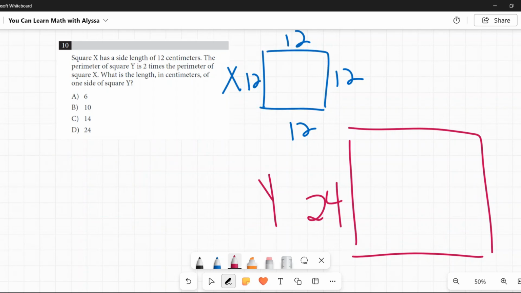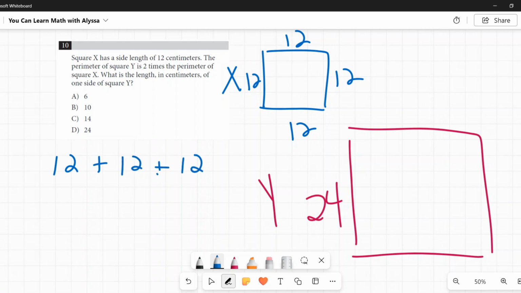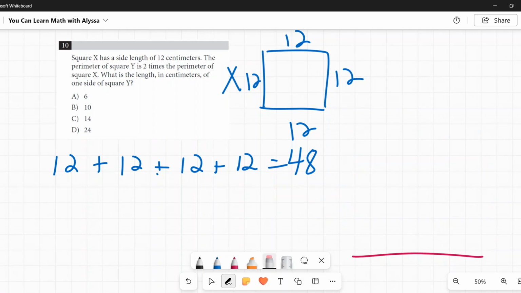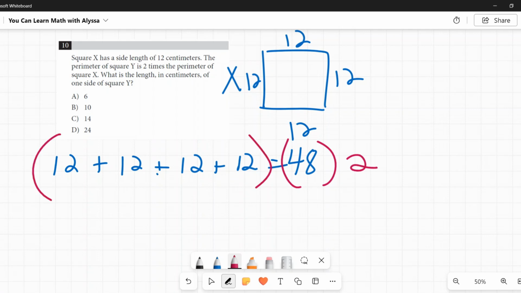And I'll show you this mathematically, another way to show you this. So this is 12 plus 12 plus 12 plus 12, or 12 times 4. So the perimeter of x is 48. Now I say that the perimeter is twice as long, so I would multiply that perimeter by 2. Well, I need to multiply this side by 2 as well, right?